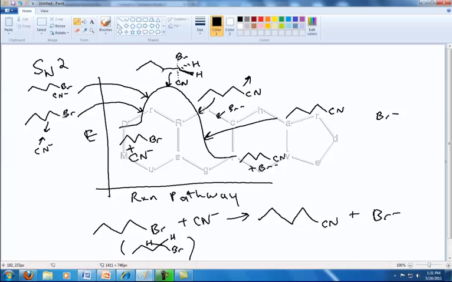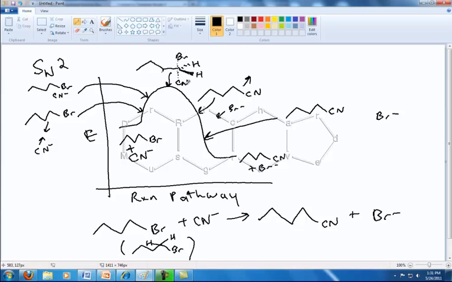Now as this bromide and the CN- approach, and that's why I've got these arrows here because they're approaching, the energy of the system increases. Now that they're really close together, it's increasing further still. At this point, the Br and the CN are simultaneously attached to this C. That's the highest energy point of this process.